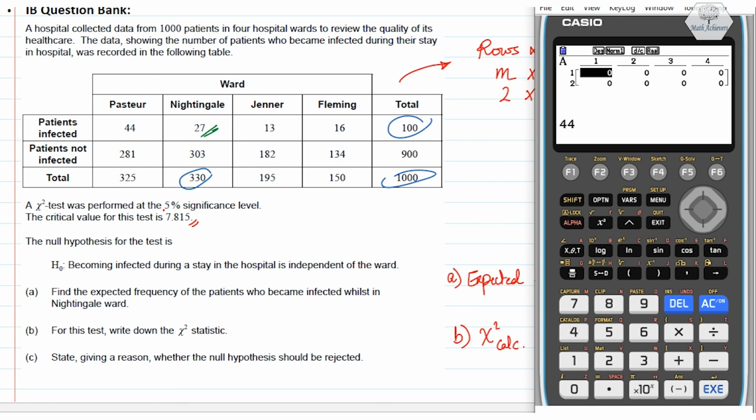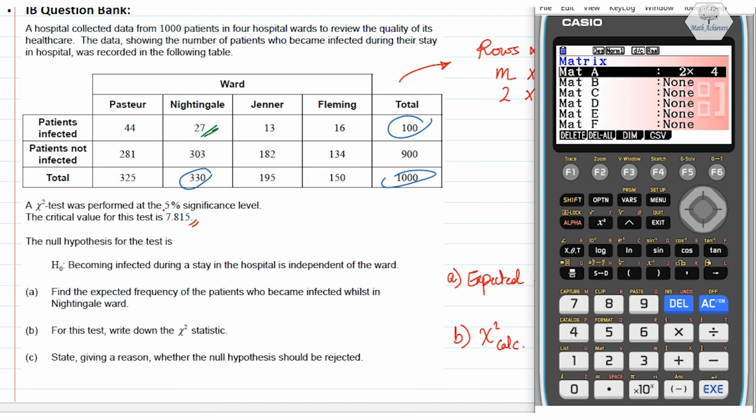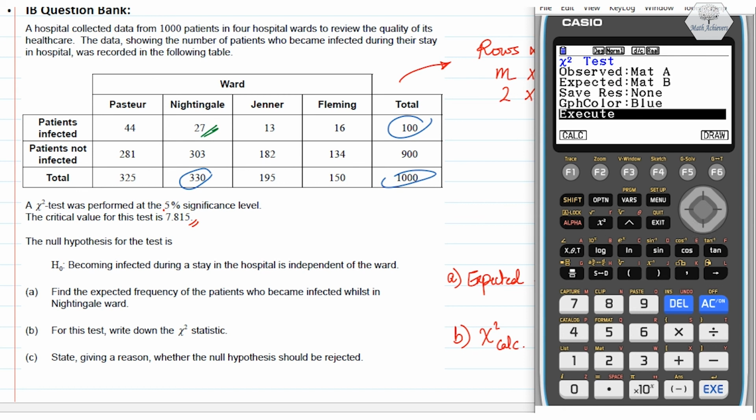I have 44, then 27, then 13, 16, 281, 303, then 182, and 134. Now exit again, and now I execute to find the value of the chi-squared statistic.